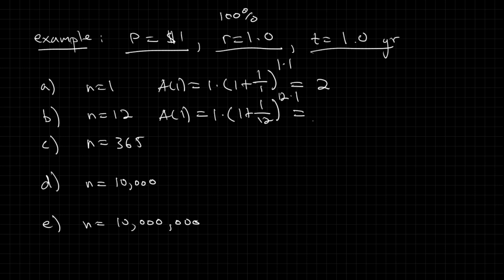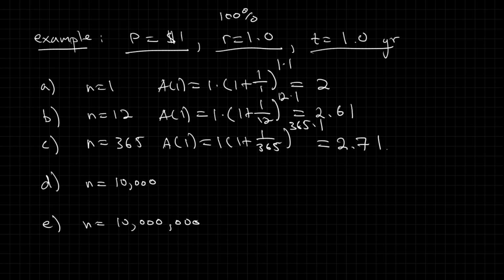T is 1. And we get 2.61, rounding to the nearest cent. If we go to daily, we would get 1 times 1 plus 1 over 365 to the 365 times 1. And that result would be $2.71.